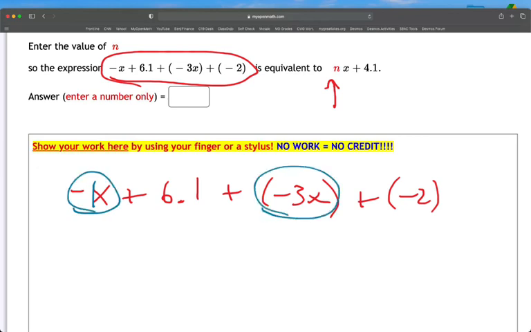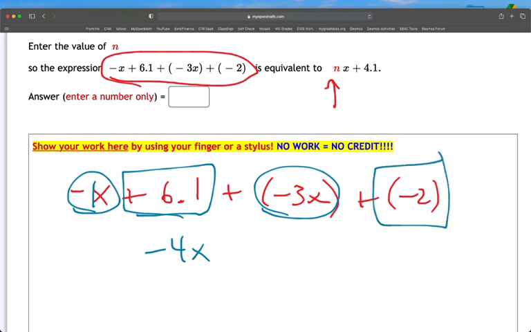And we're going to combine with that 3 negative x's. That makes 4 negative x's. So we have -4x. And technically, we could figure out what n is just from that right there. But I'm going to go ahead and pretend like I didn't notice that. So if I gather my constants together, I have a positive 6.1 and a -2.